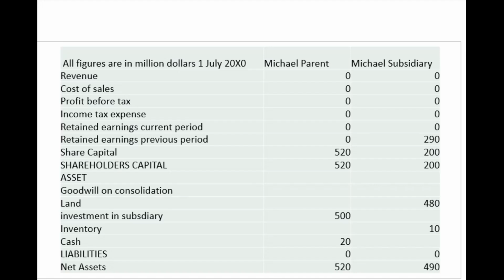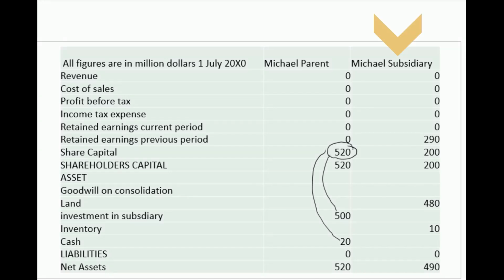So the financial statements at the date of acquisition of Michael Parent and Michael Subsidiary: Michael raised 520 million of share capital and invested 500 million in the subsidiary and 20 million remained as cash.